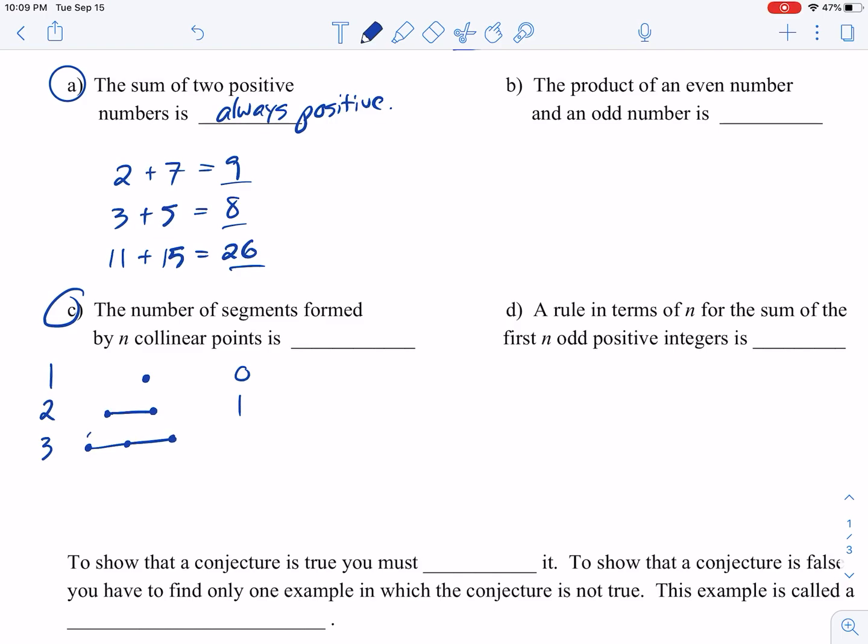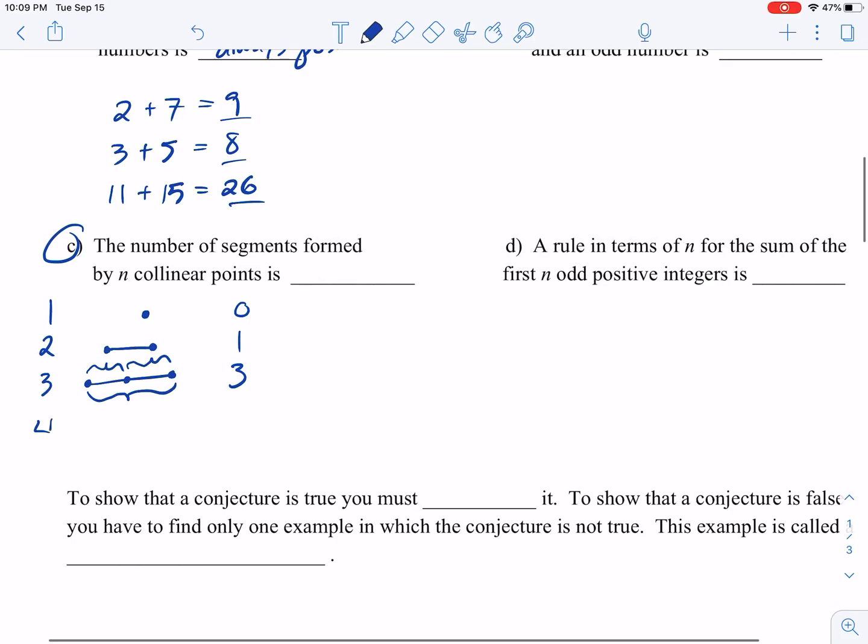So we have 1 segment here, we have 1 segment here, and then we have the whole segment, so 3 total segments. For 4, you can start seeing the pattern. We have 1, 2, 3, and then we have 1 segment here, 1 segment here, so 3, 4, 5, and then the whole segment for a total of 6.